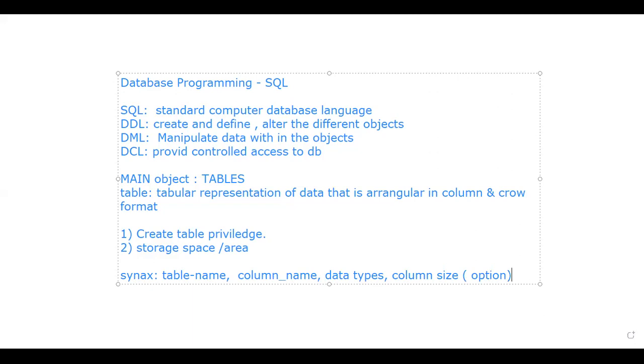So for the syntax of creating a table, we shall specify the table name, the column name, the data types, and the size. For instance, we want to create a table employee.